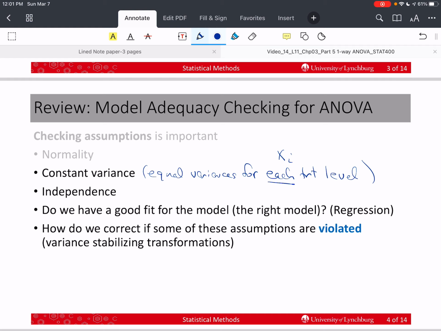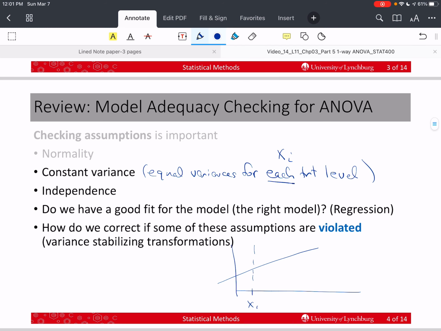So remember that for every value of X, we assume that there is a normal distribution for each of these values.